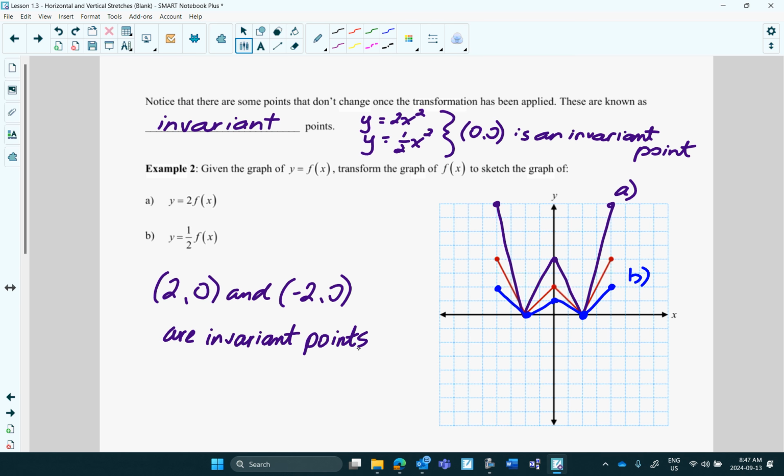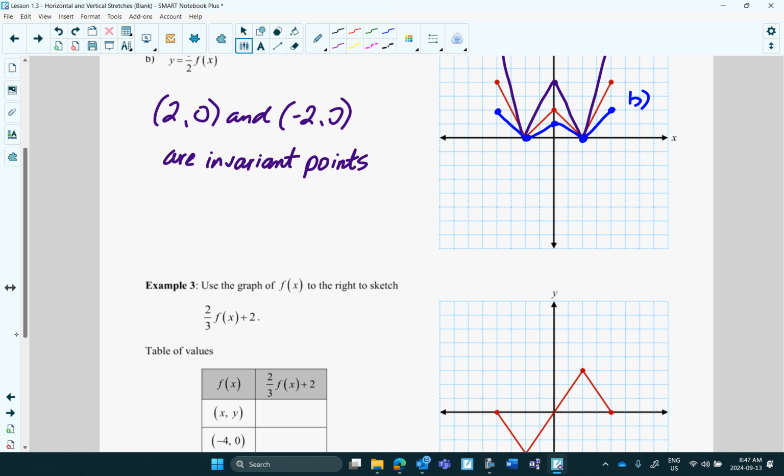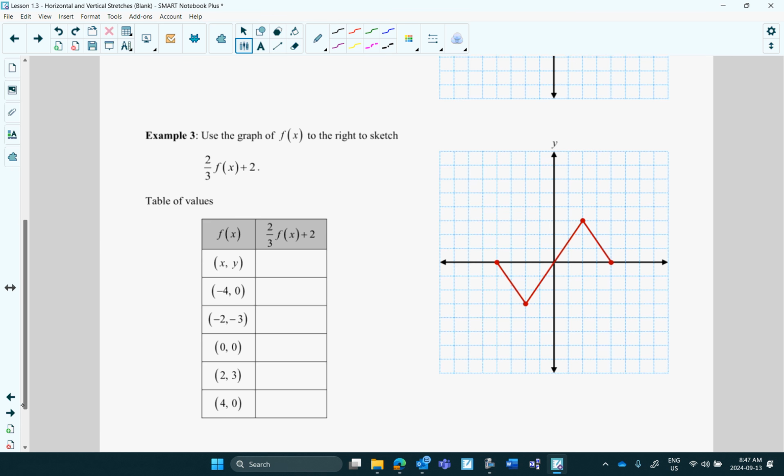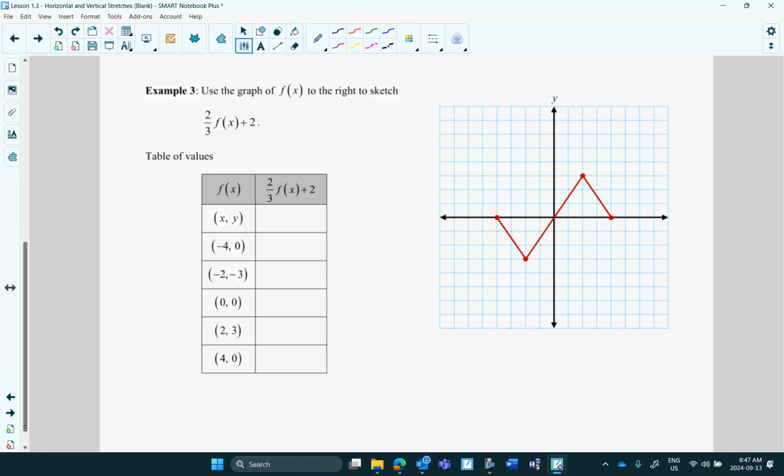This next one has more than one transformation taking place. So when you start tackling these, you want to ask yourself, when you look at the equation, what kind of transformations are taking place, and are they vertical or horizontal? So when I look at this one, I see a number in front of the function.